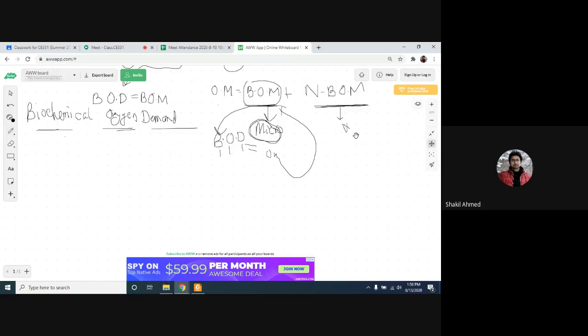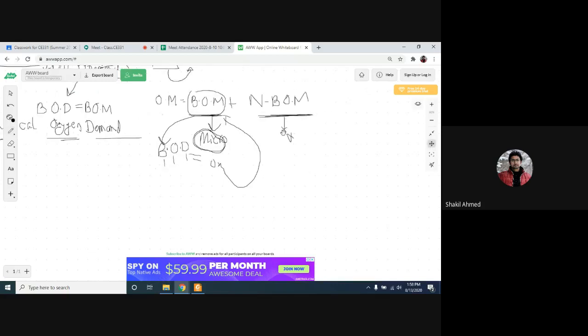Okay. Now, how to calculate this portion? How to oxidize this portion? Bacteria cannot degrade or oxidize them. Then how? You have a strong oxidizing agent, for example, potassium permanganate. They can oxidize this as well as this, both. So they can oxidize the total organic matter.